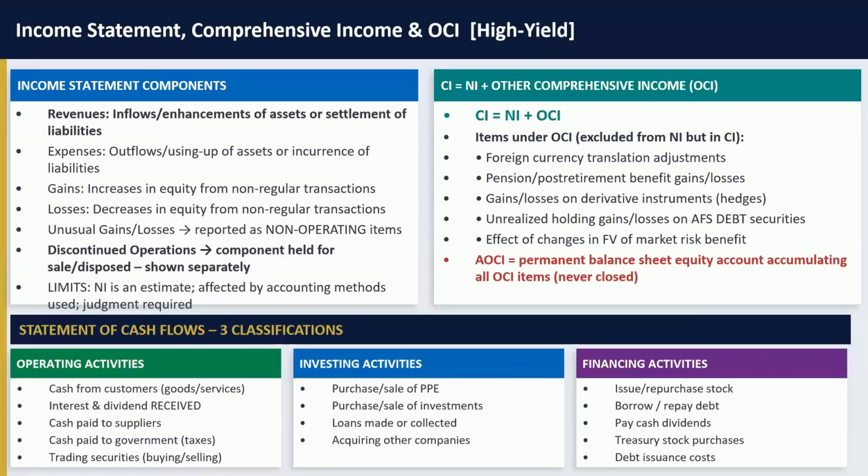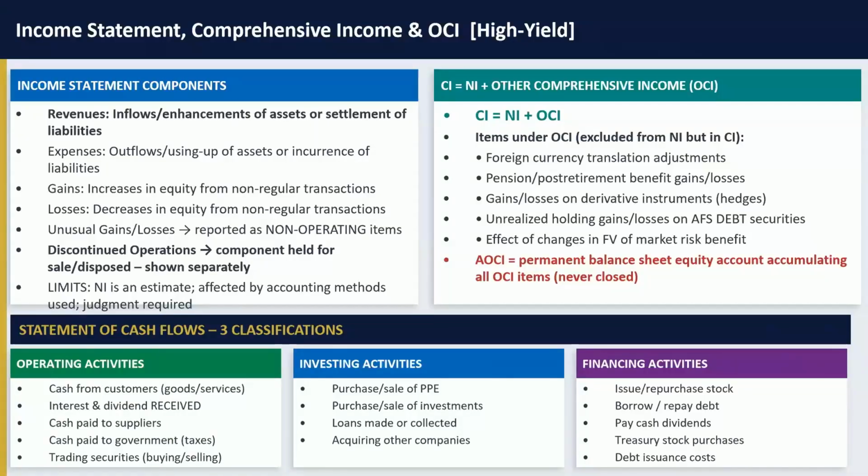Translation is there in OCI. Then pension or post-retirement benefits gains or losses, directly you will enter into OCI. Then unrealized gains or losses from your derivative instruments, unrealized holding gains or losses on your available for sale debt securities, and the effect of changes in fair value of market risk benefit.